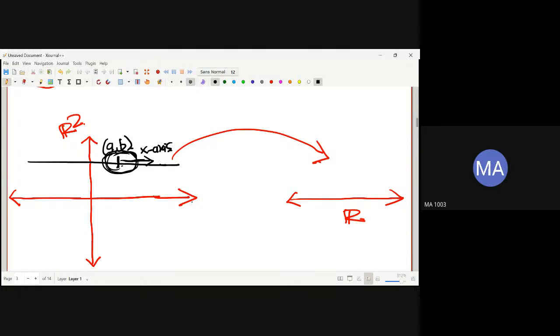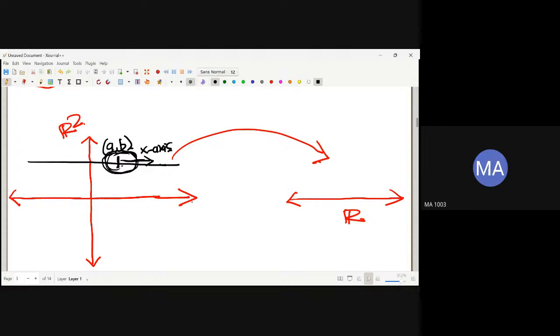So let me take, for example, let me draw a 3D diagram. Suppose this is your graph.